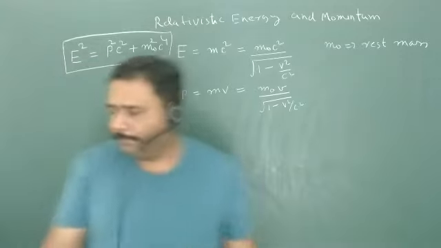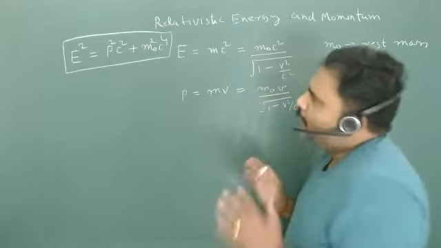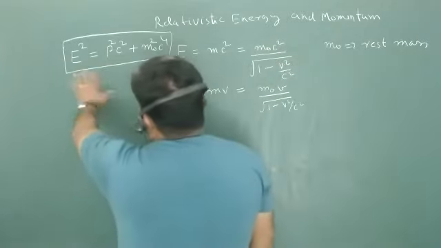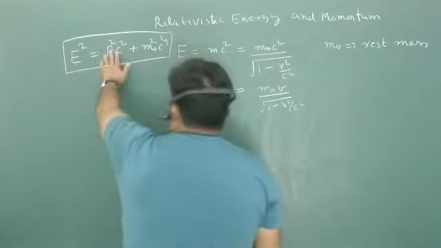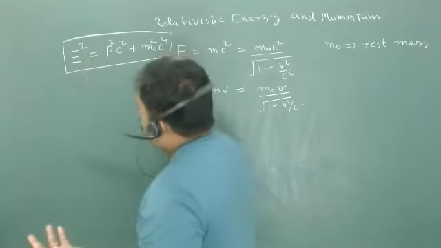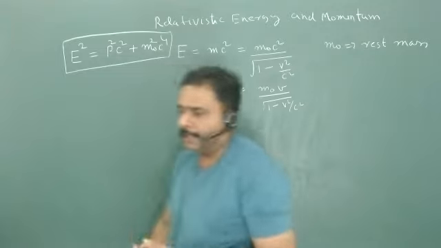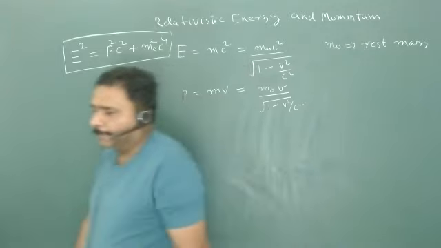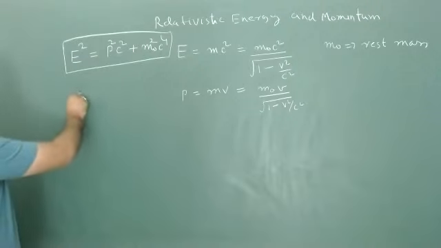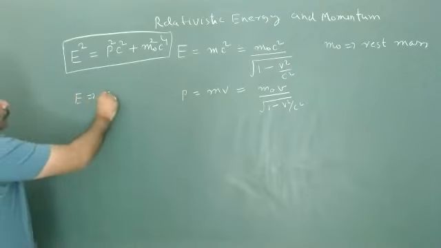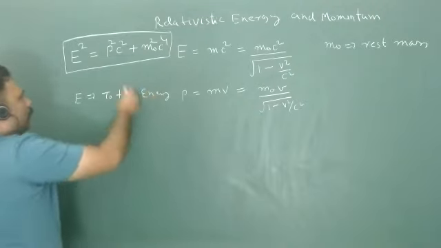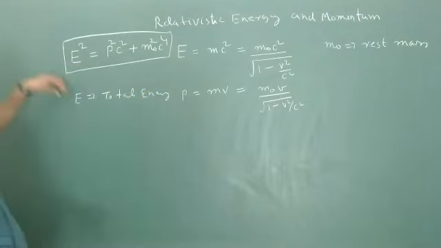This information is absolutely mind-blowing. There is a relationship between energy and momentum, and rest mass is there. Now, what is this particular E? This E is nothing but the total energy of a particle, and E square is the total energy square.